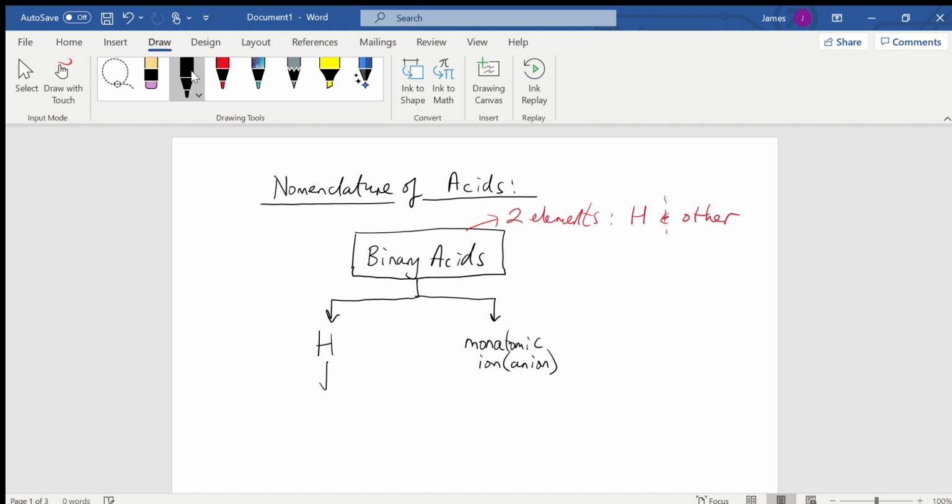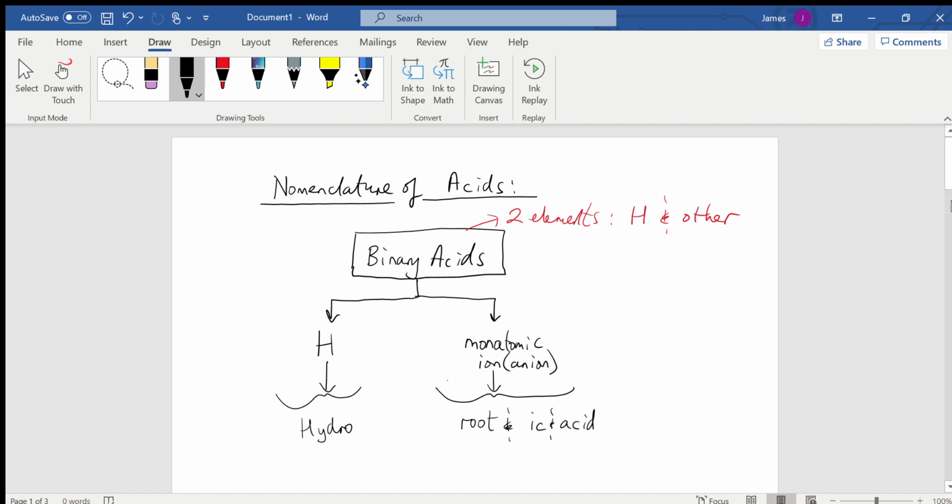Then the H is going to give us hydro, and the monatomic ion is going to give us a root, then a suffix -ic, and then the word acid. So hydro, some root, -ic, and then the word acid.